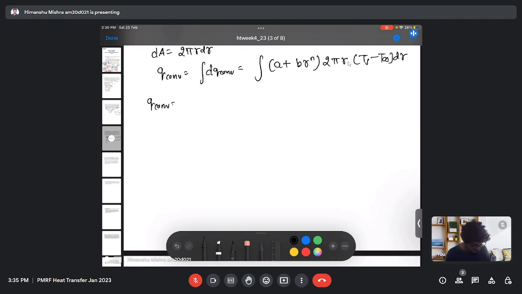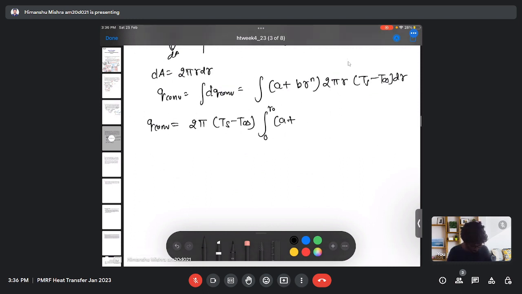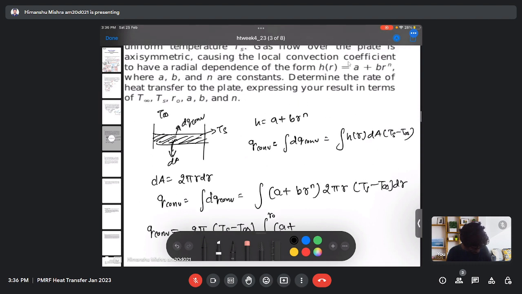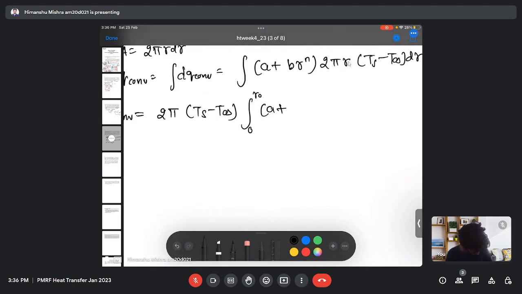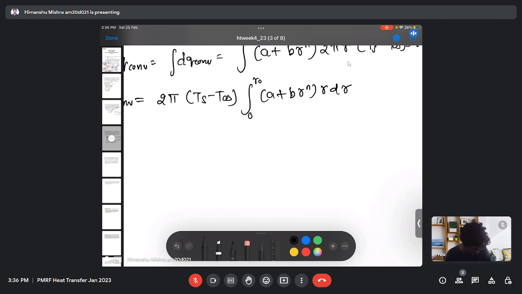So I can pull some constants out of the integral, and then we need to take the integral of this.